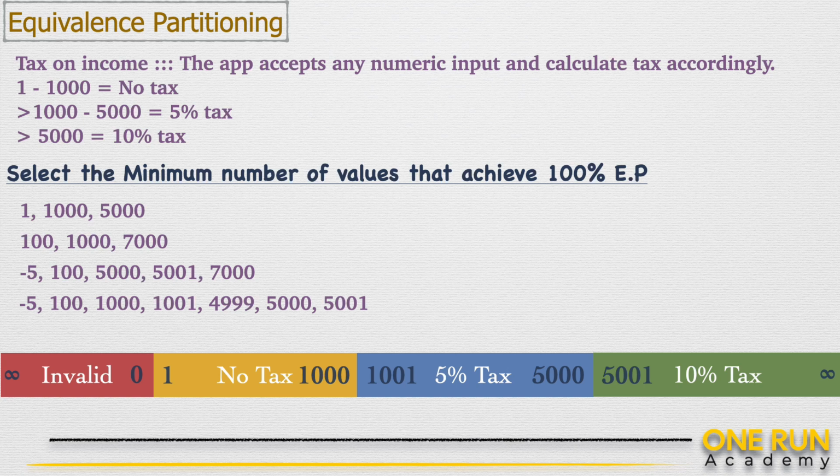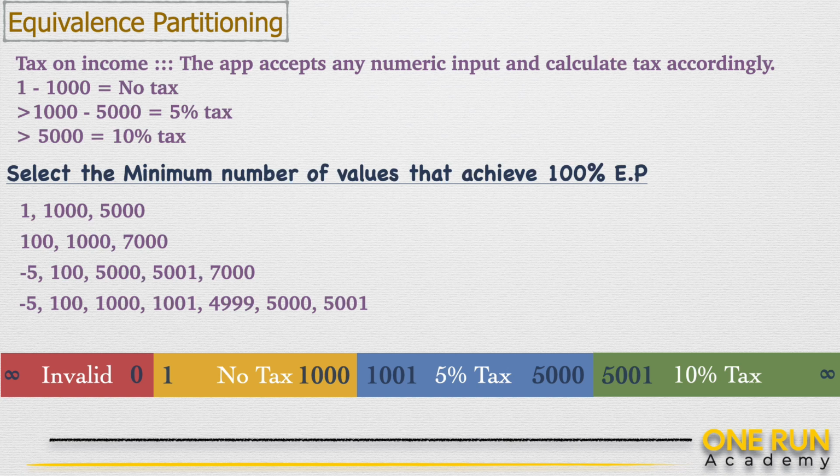In this case, we need to verify that the app responds correctly by, let's say, popping a message telling the user that the minimum accepted amount is 1. Now that we know that we have 4 partitions, let's check the options to see which of them achieves 100% coverage with minimal data to test.